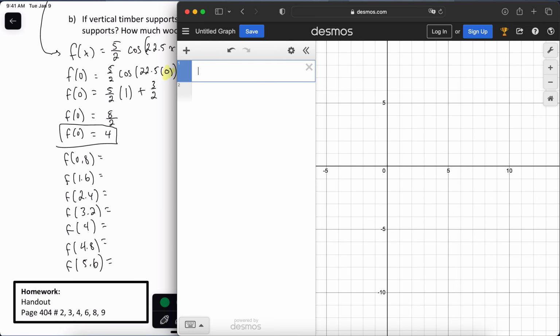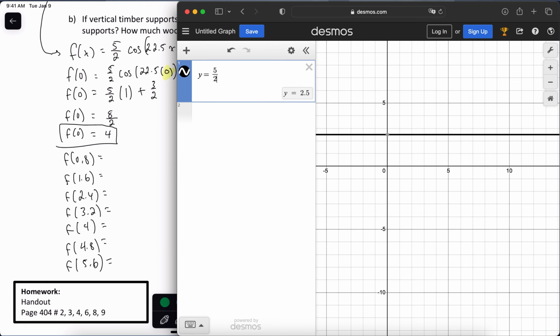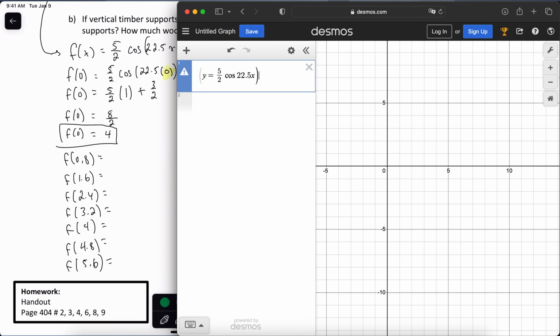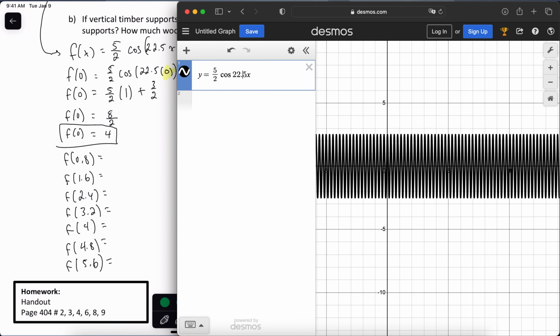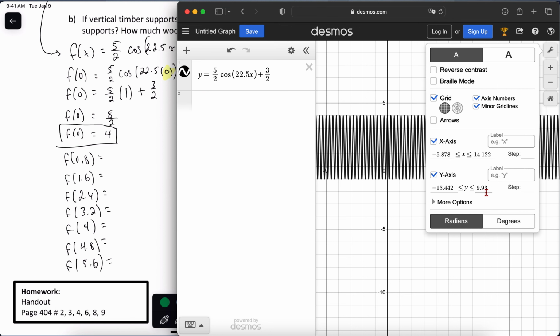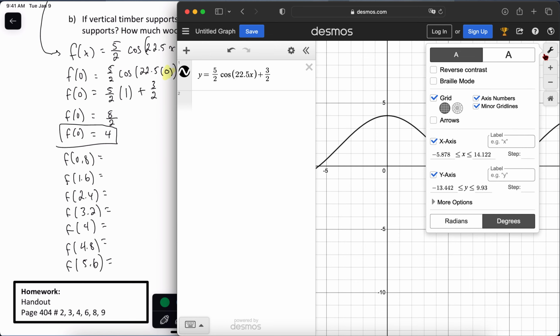And so what I can do is put in y equals my function that I've come up with, 5 over 2 cosine of 22 and a half x, oops, maybe I should have put brackets around this. Okay, and then plus the 3 over 2. Now that looks like a wild graph, but what you have to do with Desmos is tell it, instead of being in radians, which is just a different unit of measurement, switch it over to degrees.